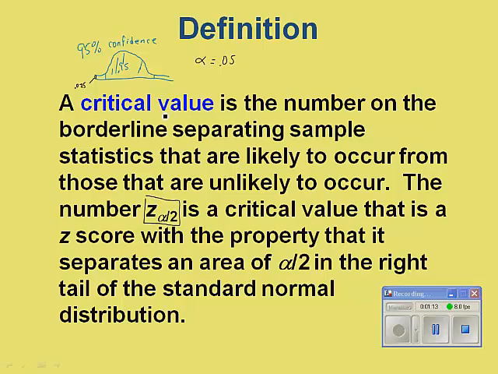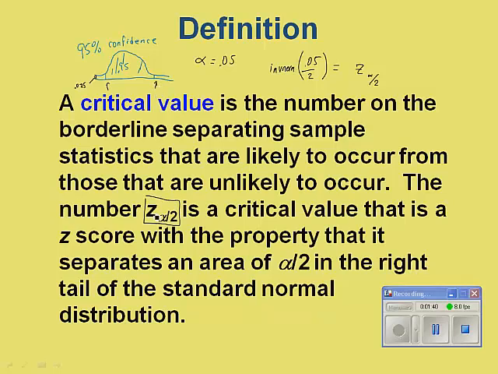So the reason that they call this thing Z alpha over 2 is because when you do the inverse norm on your calculator, you don't put in 0.05. You put in 0.05 over 2, and you do the inverse norm. Does that make sense to people? That's what I did. And I get a z-score. And that's Z alpha over 2. Now, when I did it, I got the negative z-score, right? They just take away the negative sign, and that's this one.